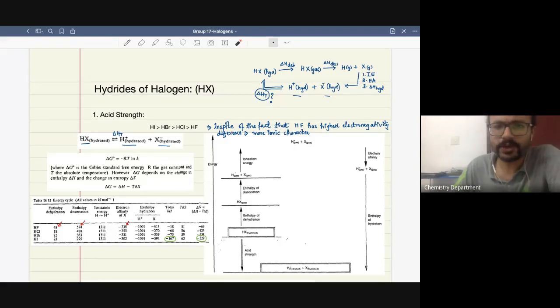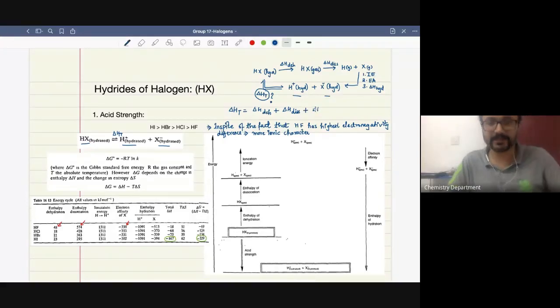So if we want to calculate the delta H total, it would be equal to delta H dehydration, plus delta H dissociation, plus the ionization energy value, then the electron affinity value, and then also the delta H hydration value.